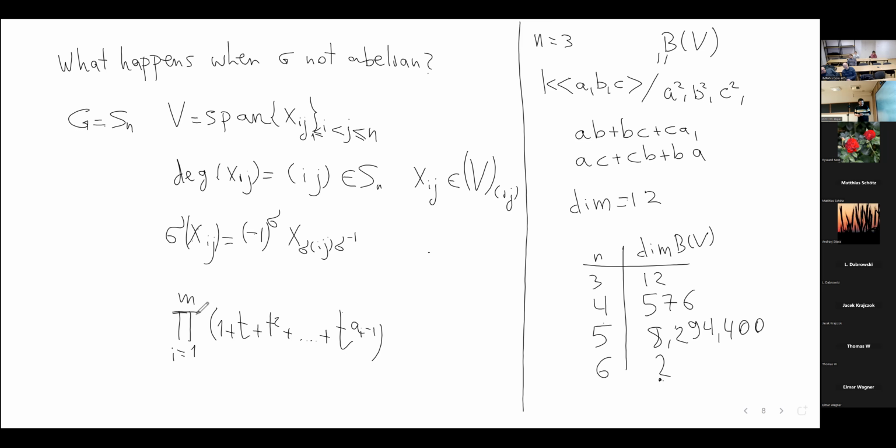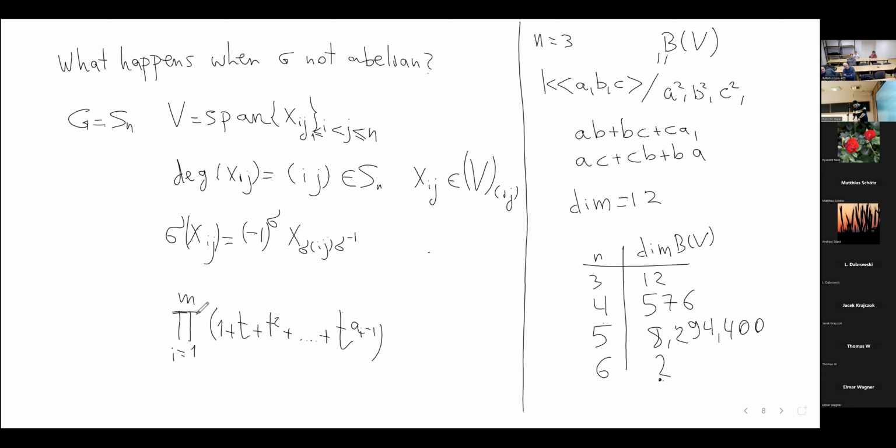Basically the problem that might happen is the following. I mentioned that when you form the Nichols algebra, you take the tensor algebra and then you start dividing out by primitives, and you divide more by primitives, and in the end you get the Nichols algebra, and maybe it's finite dimensional. Something that we don't want to happen, but might happen, is that after dividing out by some of the primitives, but not all of them, you already get something which is finite dimensional, but still not the Nichols algebra.